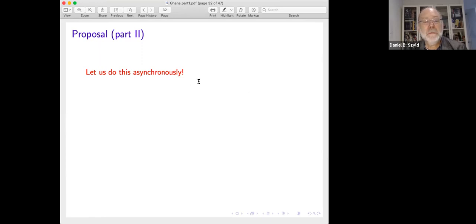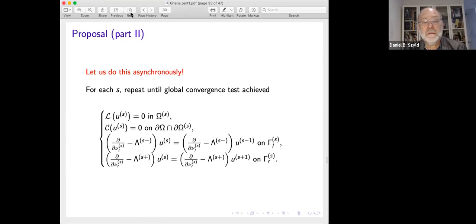What does it mean? It means don't wait. Just keep going. I start with my boundary conditions. I solve for these conditions. I send it to the other processors, or if it's shared memory, I put it in the shared memory. And then when I finish, I don't wait. I just go back and solve. And if this boundary changed and this didn't, I don't care.